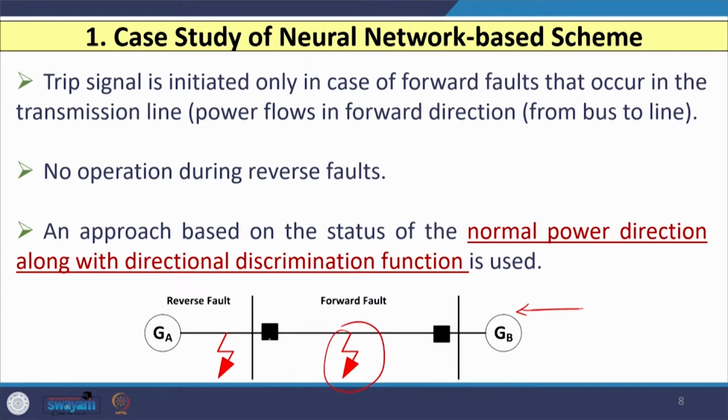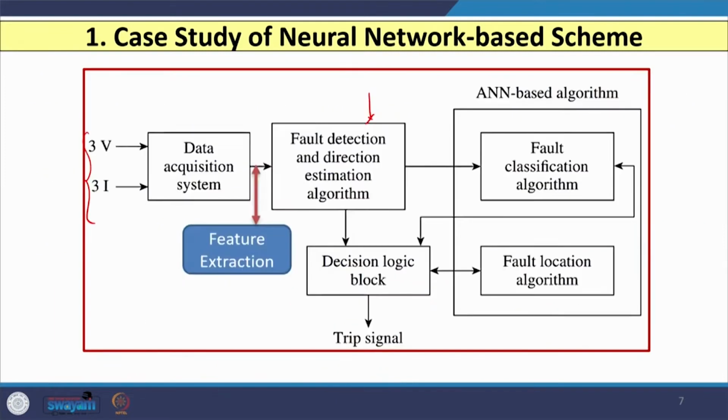Any fault behind this breaker is known as a reverse fault. So, tripping is only initiated in case of a forward fault, there should not be any tripping in case of a reverse fault. An approach based on the status of normal power direction along with the directional discrimination function can be used for the directional estimation algorithm.